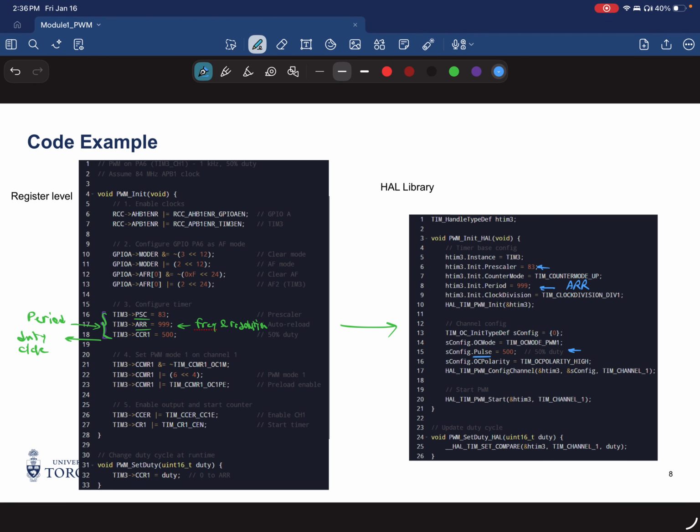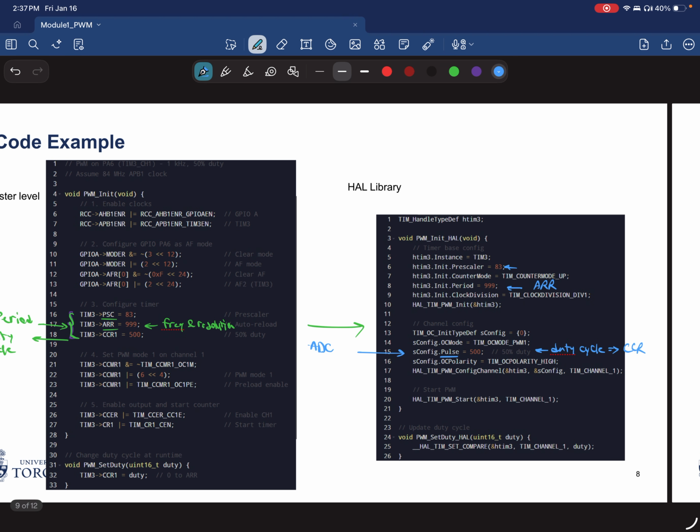This pulse again shows our duty cycle, or it is basically our compare register. So for lab 1, you would be feeding what you get from the ADC as the duty cycle to this PWM output.